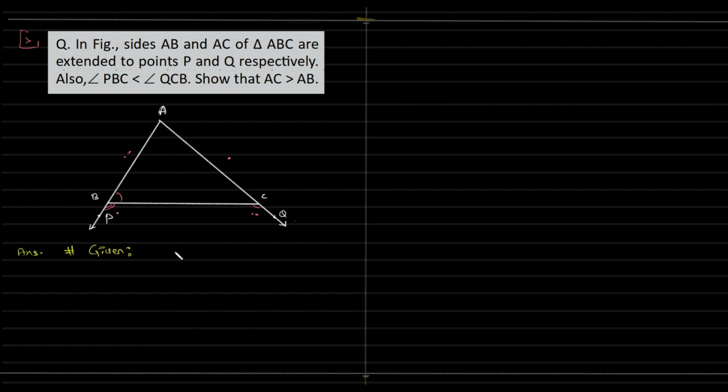AB is extended to P. So AB and AC of the triangle are extended to points P and Q. AB is extended to P, so what can we conclude from this? This implies angle ABC plus angle CBP is equal to 180 degrees. Reason: these are a linear pair.